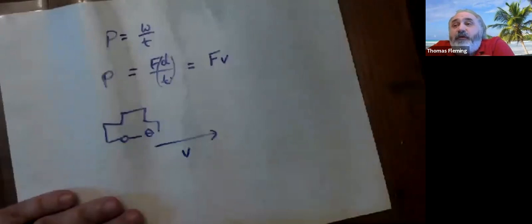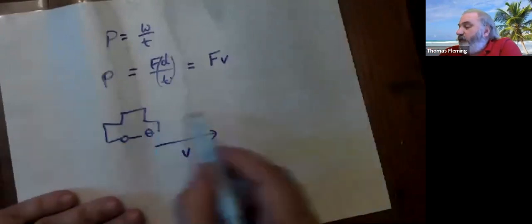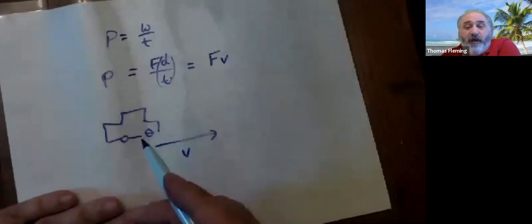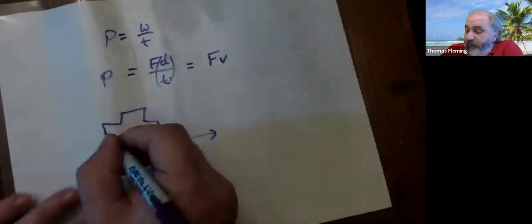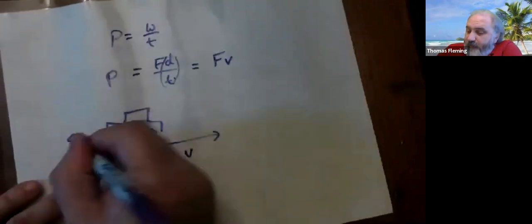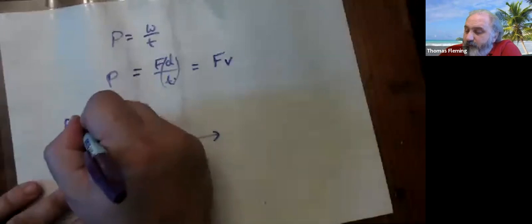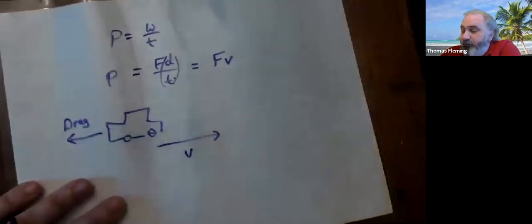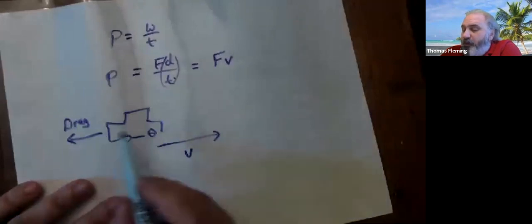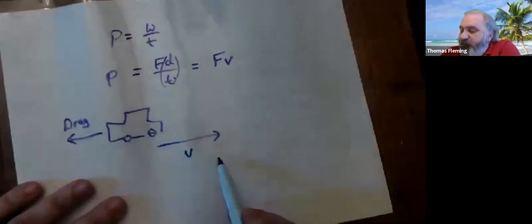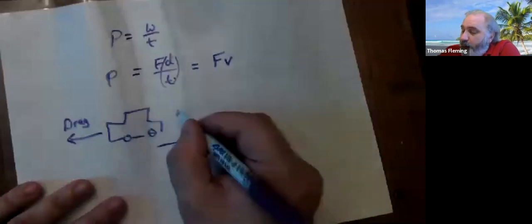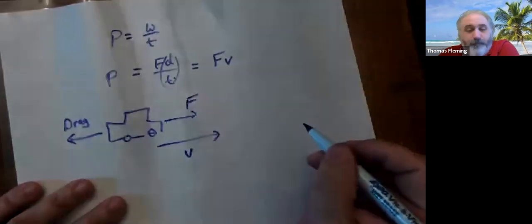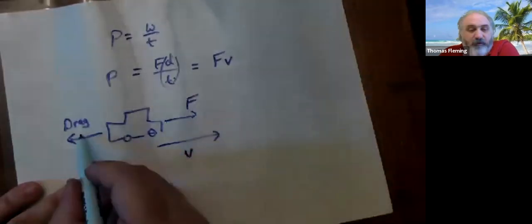Well, as I drive my car, it's going to have to deal with things like friction, rolling friction from the tires, trying to slow it down, or perhaps more importantly, things like drag, right? That drag force is constantly slowing me down. And so what's going to happen is, in order for me to travel at this constant speed, I'm going to have some forward force provided by my engine to oppose that drag force.